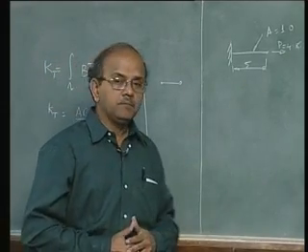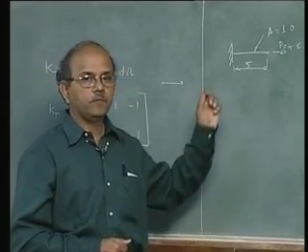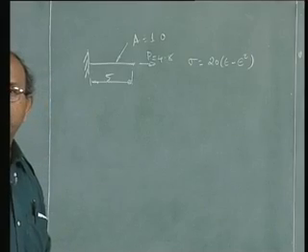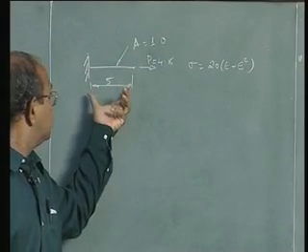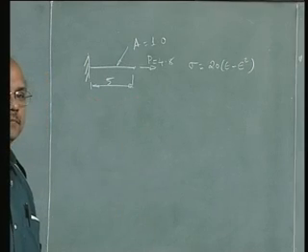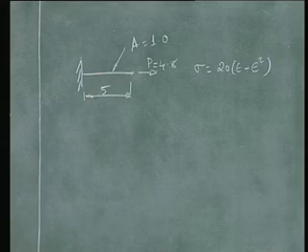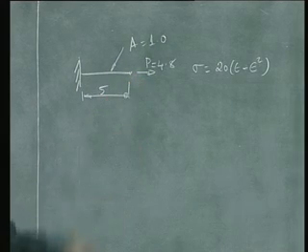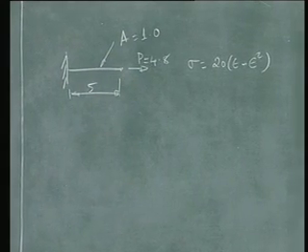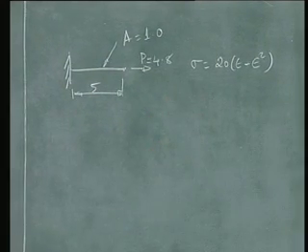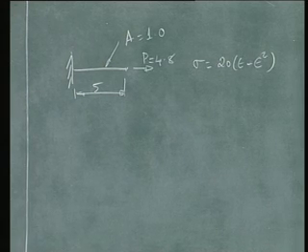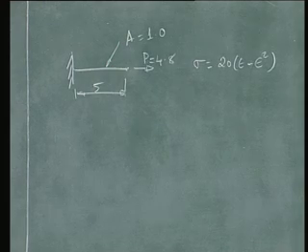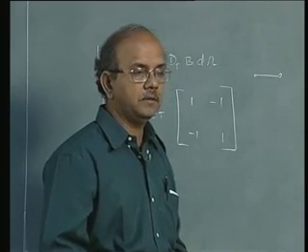Now, take a look at this problem. This is just a bar, and the length of the bar is 5, the area is 1, the load that is applied is 4.8, and look at the stress strain behavior, sigma equals 20 epsilon minus epsilon squared. So that means that the behavior is nonlinear, right?